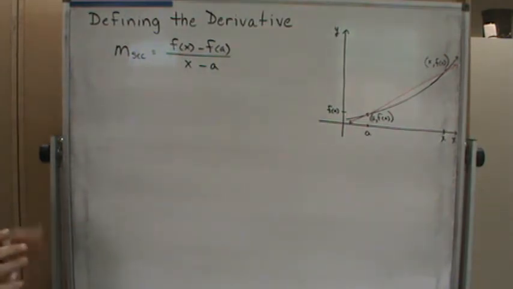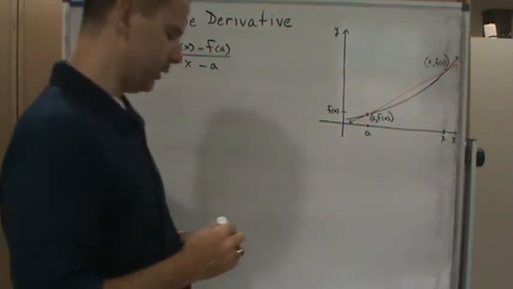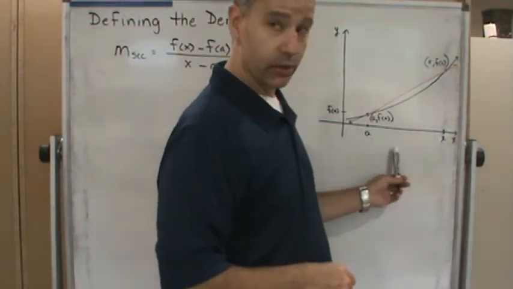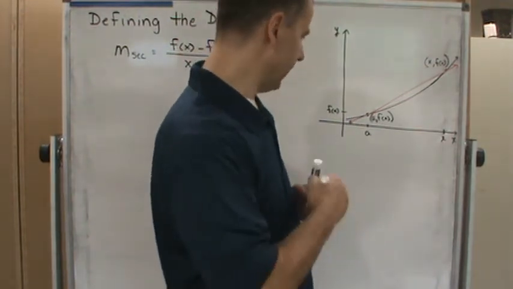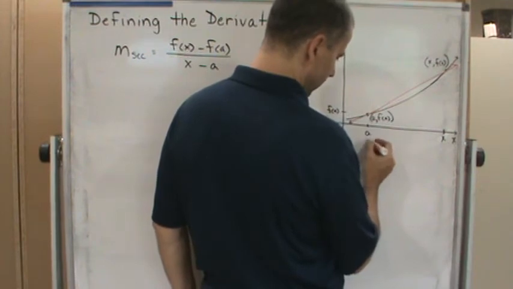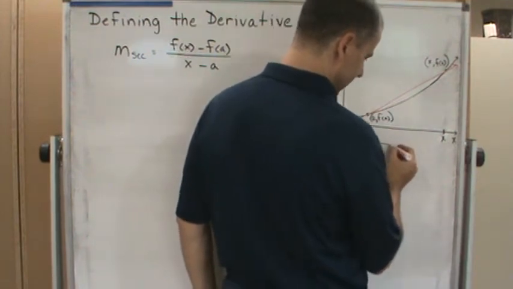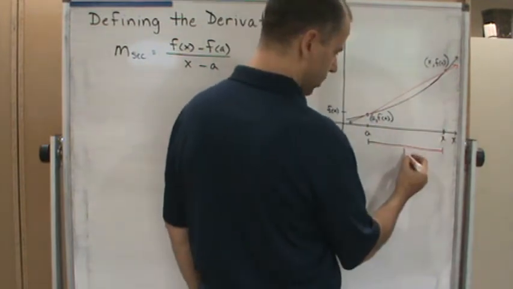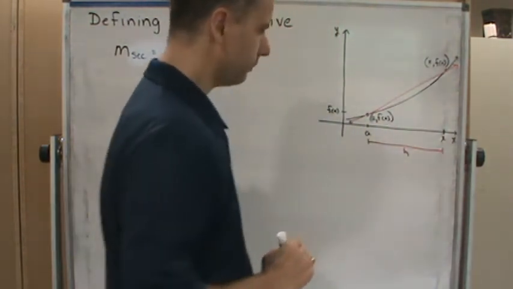Now that's one form of the slope of a secant line. Let's redefine the slope of the secant line. Instead of using x, let's use this distance here away from a, and call this distance h.